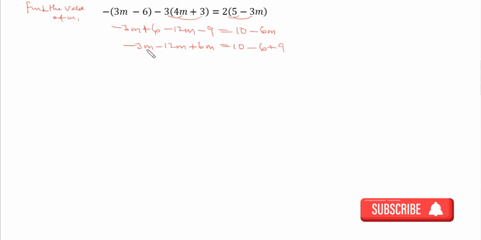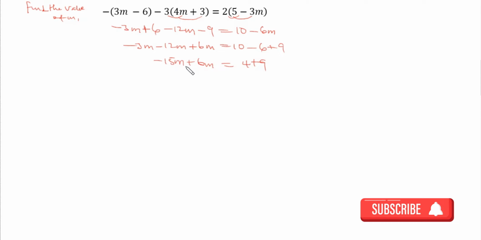So minus 3m minus 12m gives you minus 15m. Add and take the sign, minus 15m plus 6m. So we have 10 minus 6 is 4, 4 plus 9. And then minus 15 plus 6. Subtract, you take the sign of the bigger number. The bigger number is minus 15.